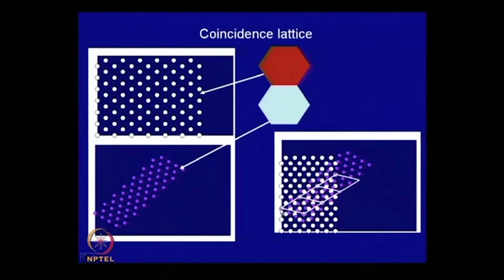In this particular case, here this is one atomic distance, and here it covers the distance 1, 2, 3. So, this coincident lattice dimension is 3 times the main lattice dimension, and by this it is possible to relate and find out the surface energy or energy of the grain boundary. This energy has a relationship with the angular rotation between the two neighboring grains, and that is how the grain boundary energies are classified.